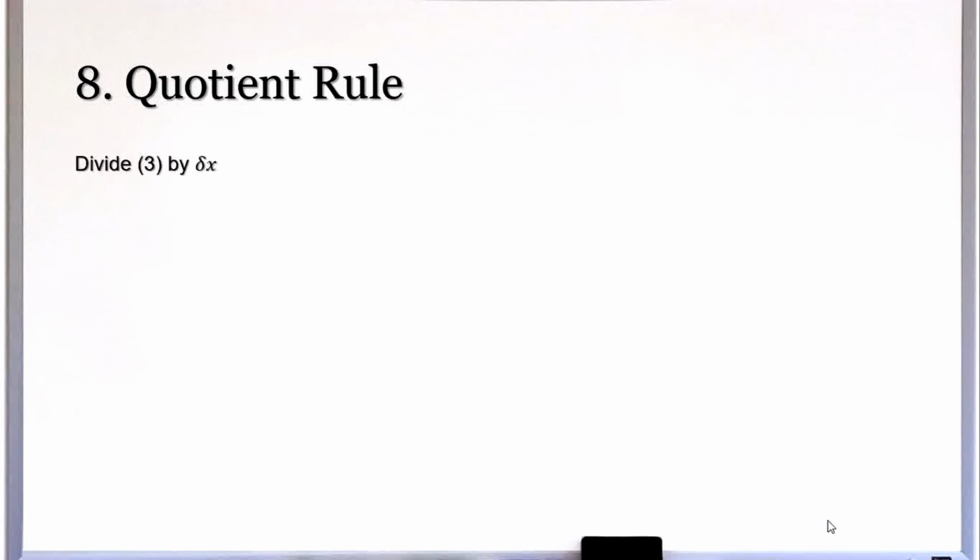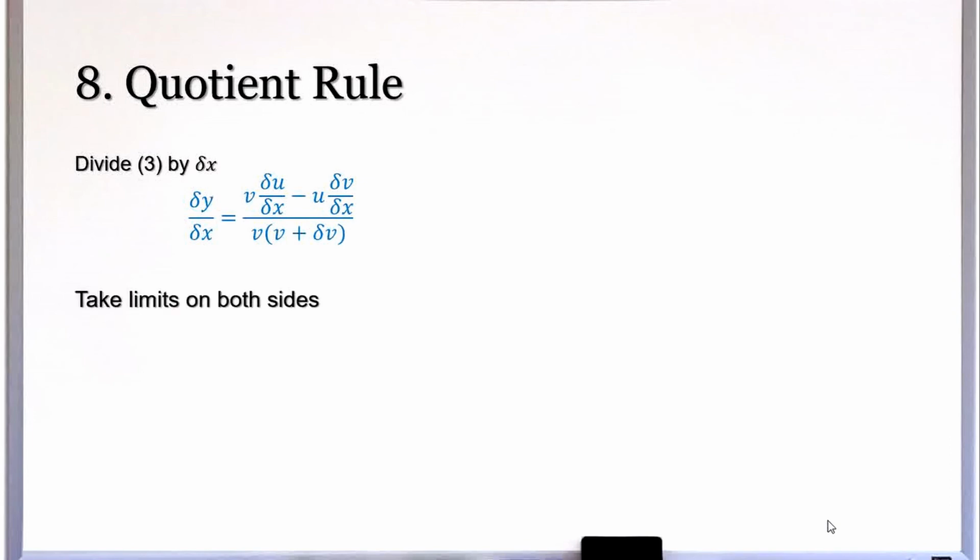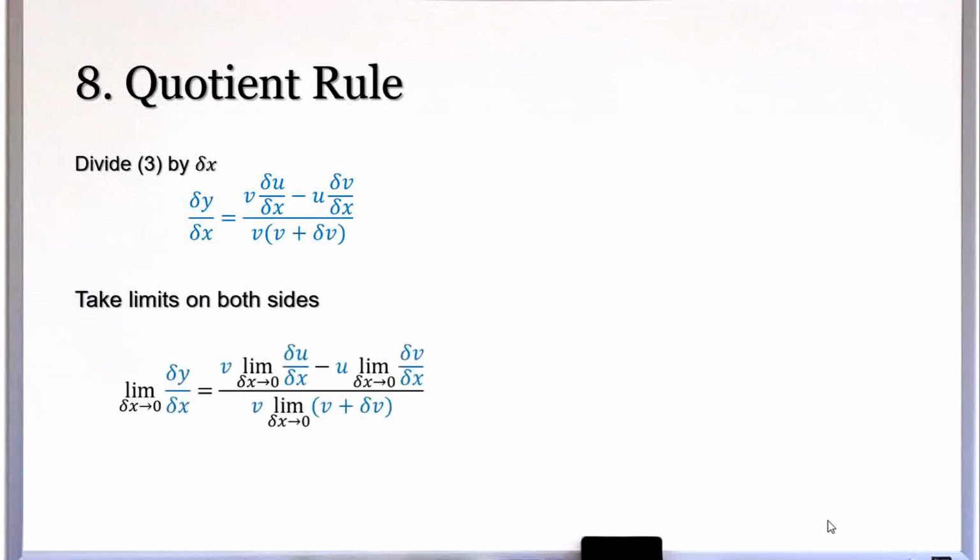Now we divide equation 3 by delta x because I want to get dy over dx, right? So we will have dy over dx equal to v times delta u over delta x minus u times delta v over delta x over v times v plus delta v. Now we'll take limits on both sides, so we have something like this.